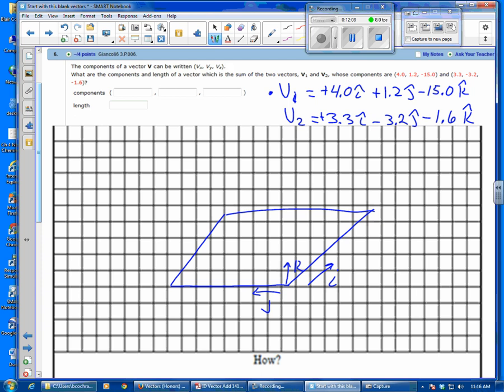Your directions would be the same, the i, j, and k, yes. I'm going to go 4 in the i direction, 1.2 in the j direction, and then down 15.